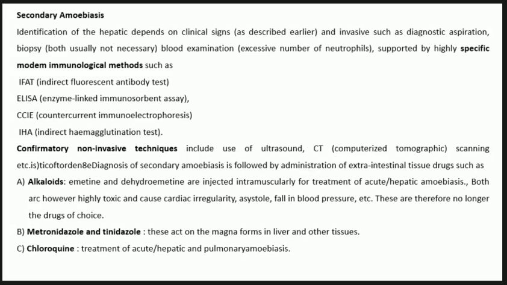Here you can see an antibody test is used in the first one, IFA, then ELISA is also there, and then you have counter current immunoelectrophoresis and indirect hemagglutination test. So this is how you will come to know from blood whether the antigens of that particular organism are present or not.